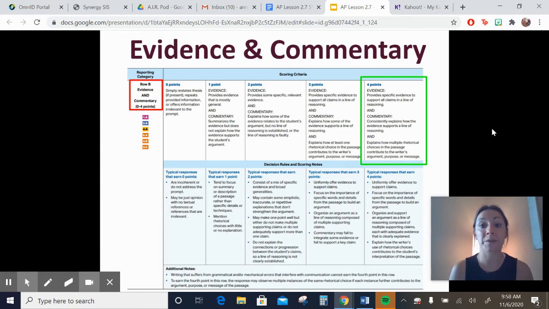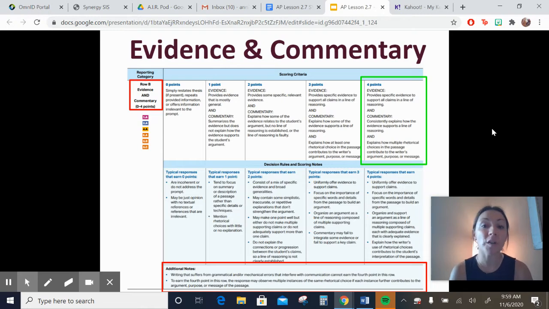You need to provide specific evidence to support all your claims in a line of reasoning. And you consistently explain how the evidence supports a line of reasoning, and you explain how multiple rhetorical choices in the passage contribute to the writer's argument, purpose, or message. So to earn those 4 points, you have to do those 3 things.